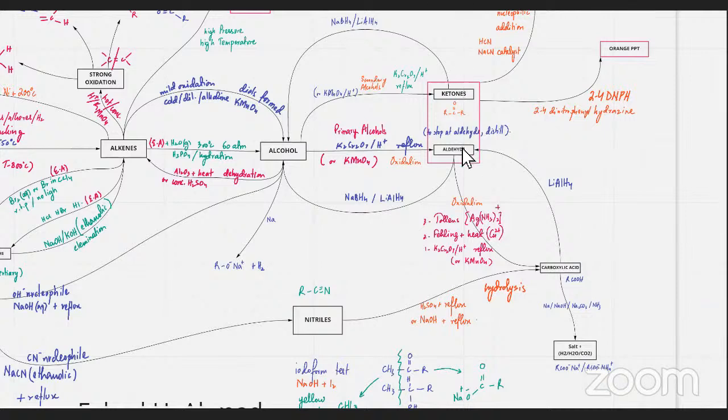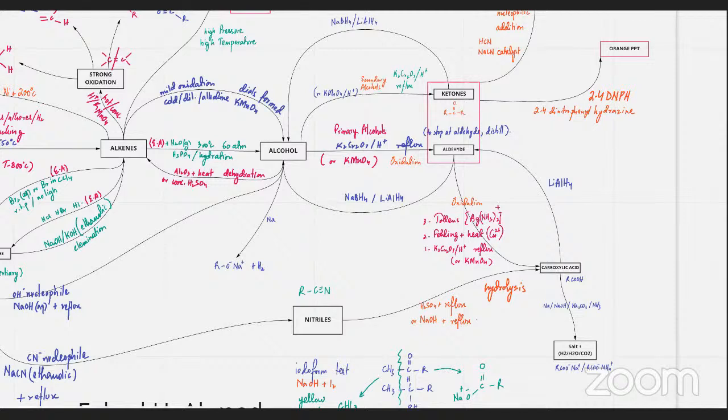Ketones don't have further oxidation. Further oxidation of aldehydes happens by Tollens or Fehling's or K2Cr2O7, and they turn into carboxylic acids. Ketones are not going to get oxidized because they don't have any oxidation whatsoever.